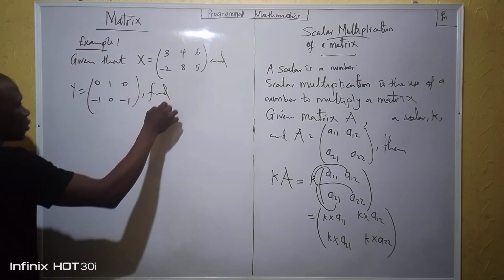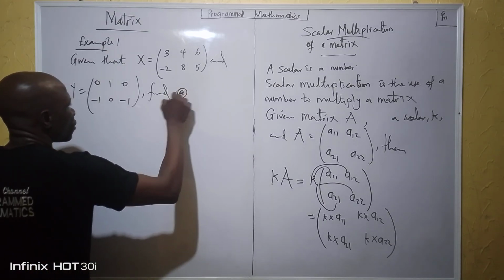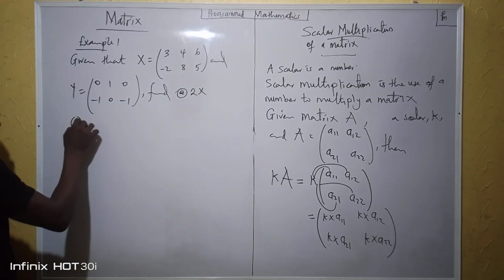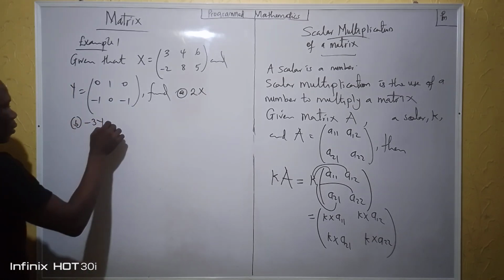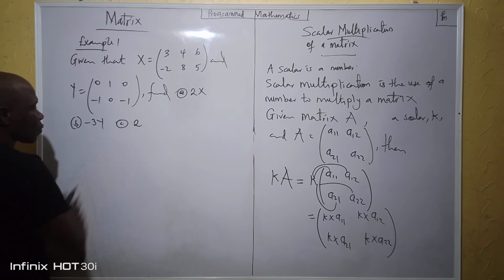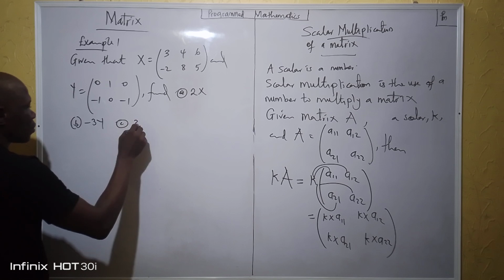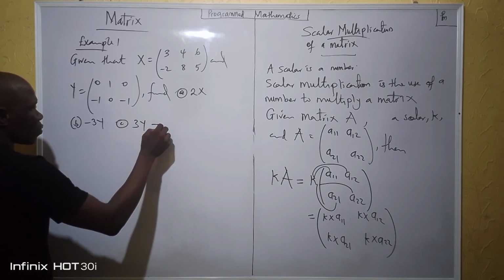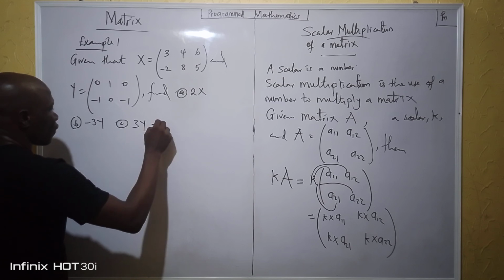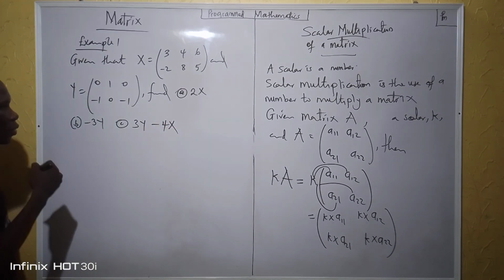We want to find (a) 2X, (b) -3Y, and (c) 3Y minus 4X.